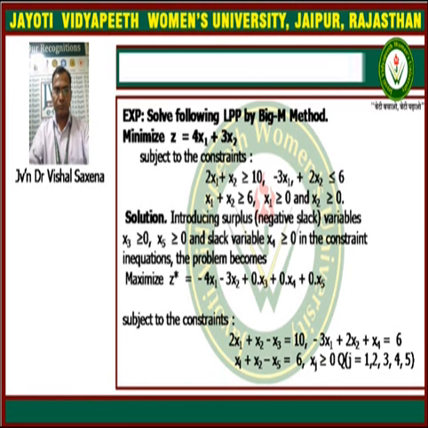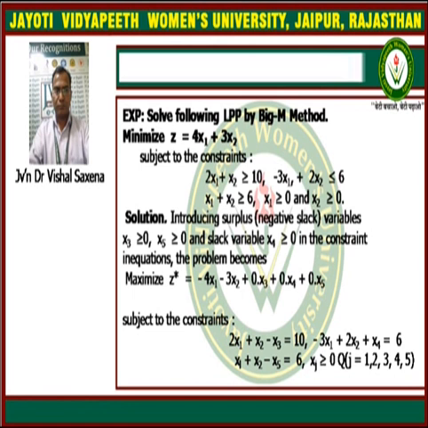We can see here that the inequations have both less than or equal to and greater than or equal to signs. All the b_i are positive. Therefore we have to use surplus variables as well as artificial variables to reduce these constraints into equation form, and to make the basis a unit matrix.